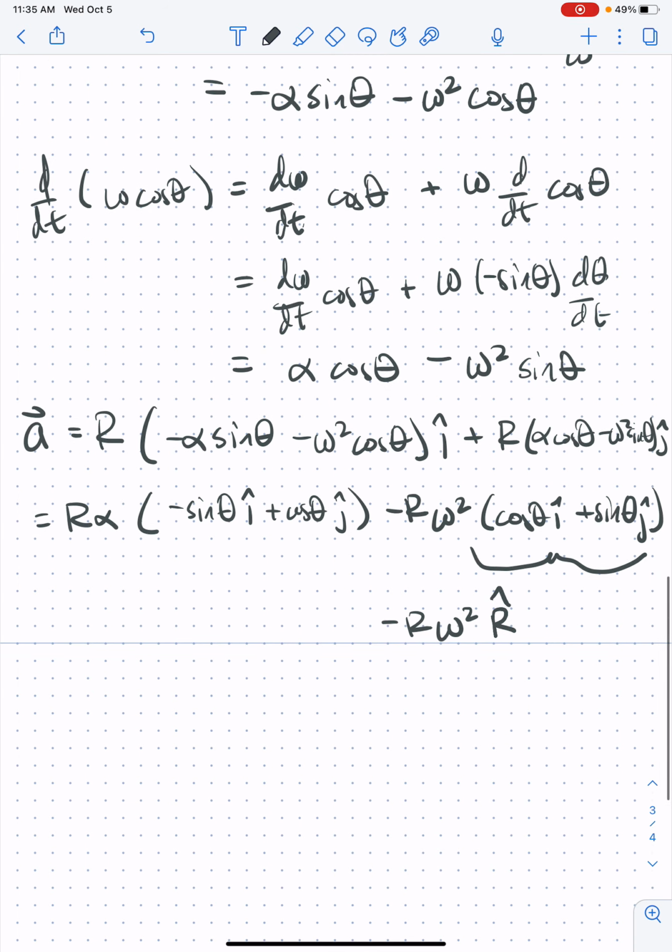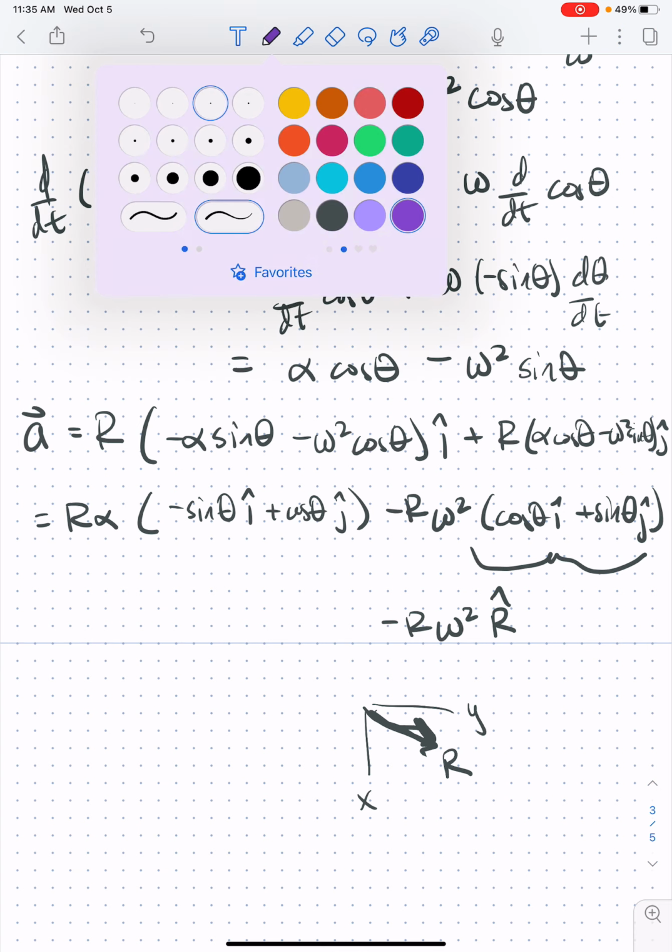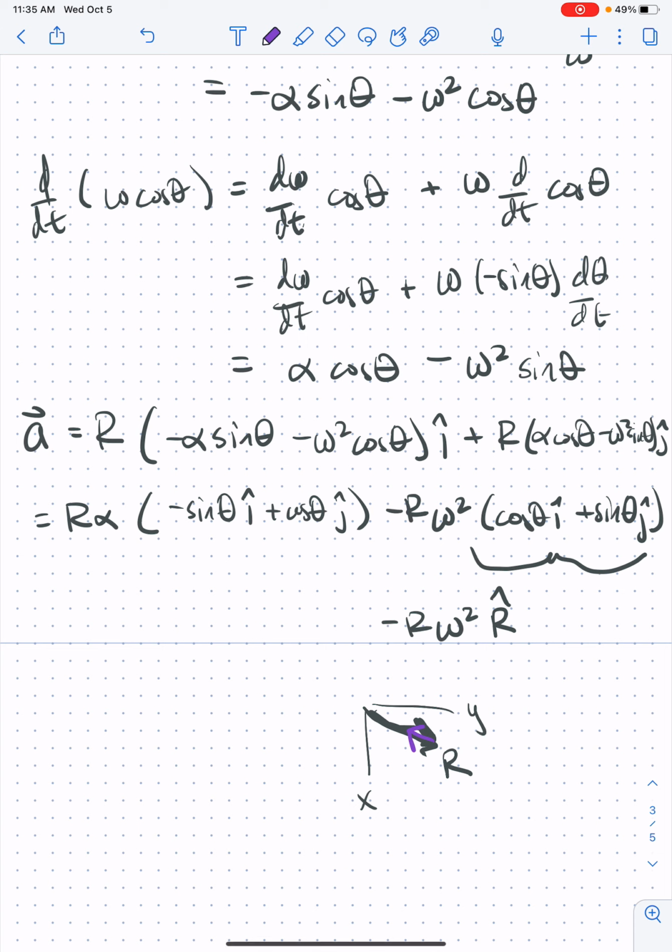So if we look from above, in the xy plane, if this is our r vector, this thing is in the direction toward the center of that circle, okay?